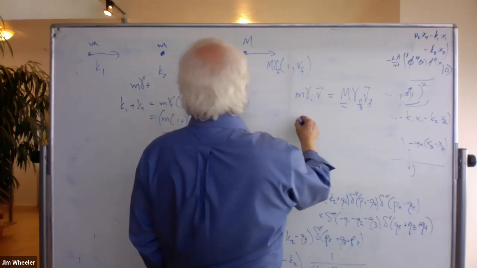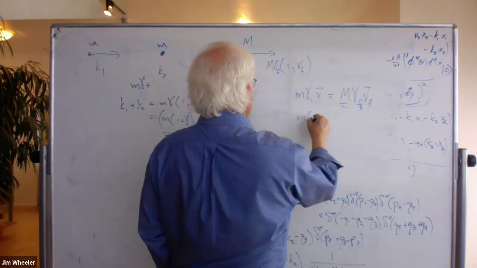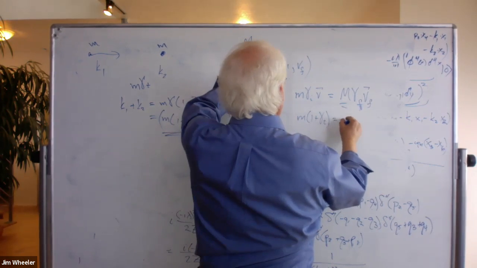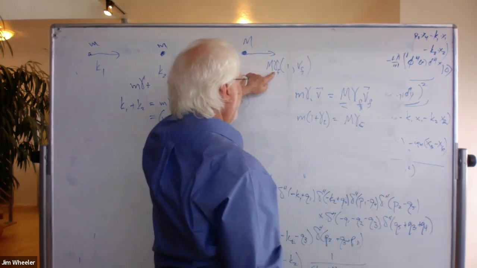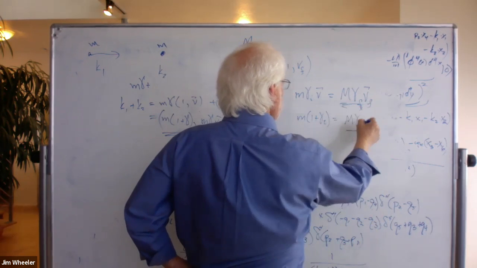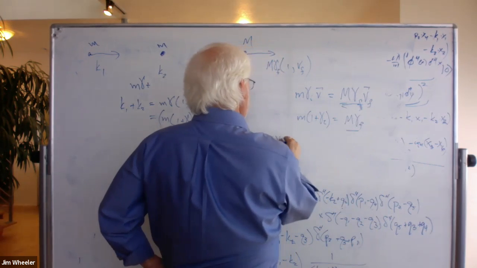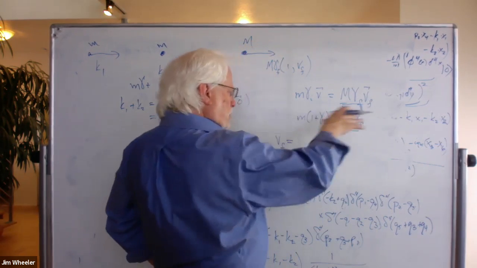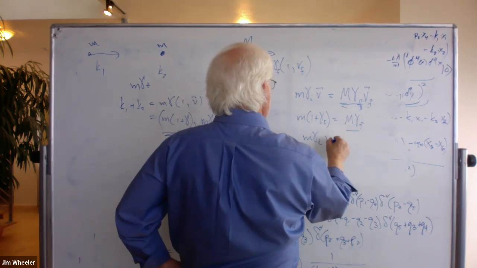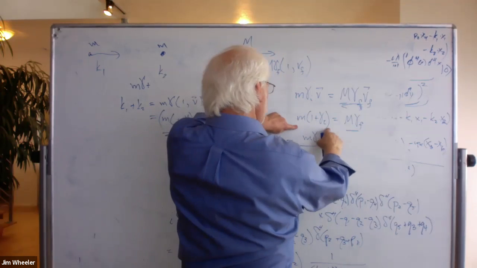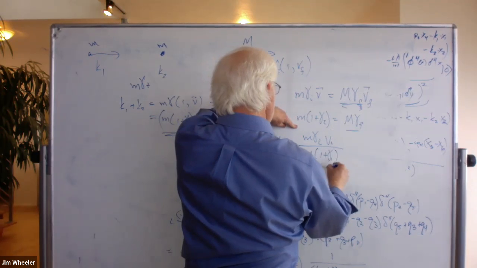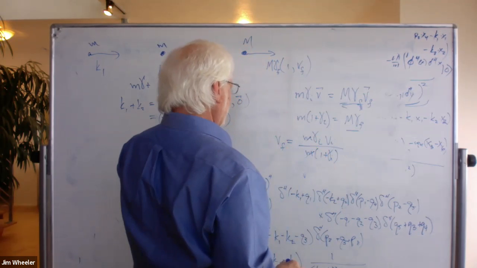Energy conservation tells us that little m times 1 plus gamma initial has to equal M gamma final. So if I put this in for gamma final, let's do it all in one dimension. We're going to have m gamma v initial over m times 1 plus gamma initial. So that mass cancels out.